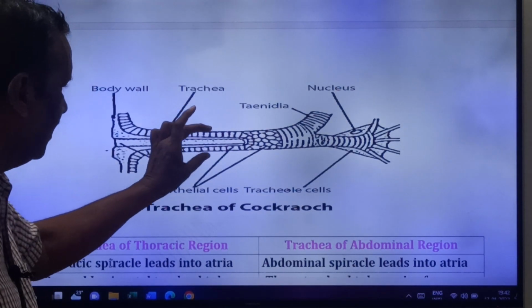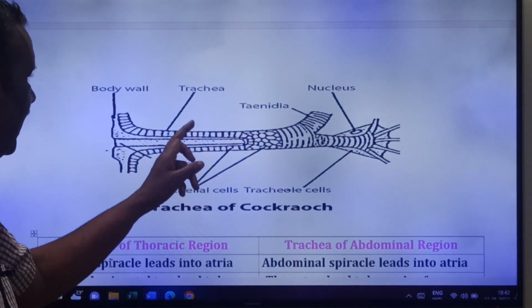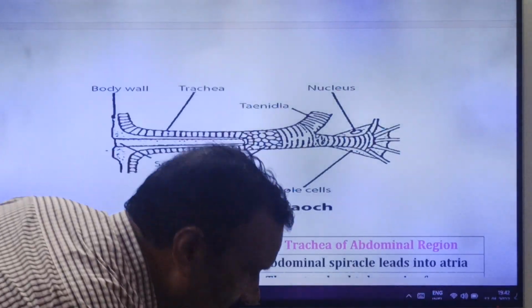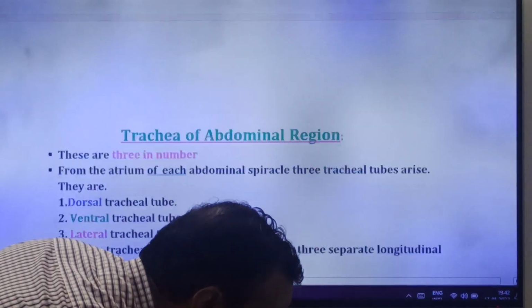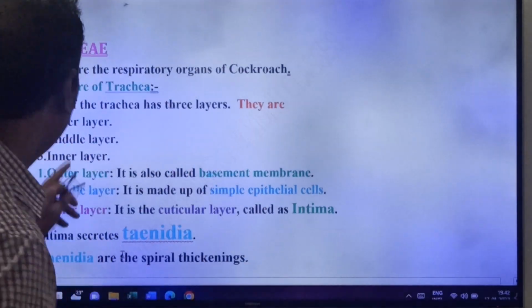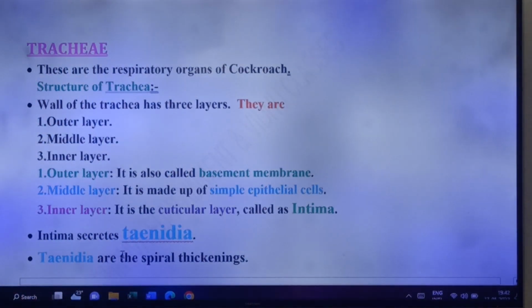Now we are seeing the structure of this trachea. The wall of the trachea has 3 layers: outer, middle and inner.